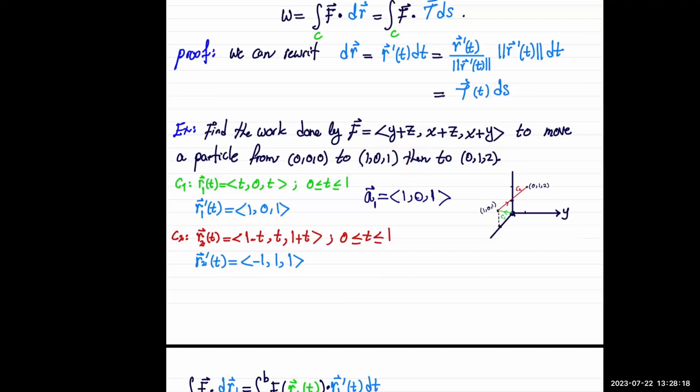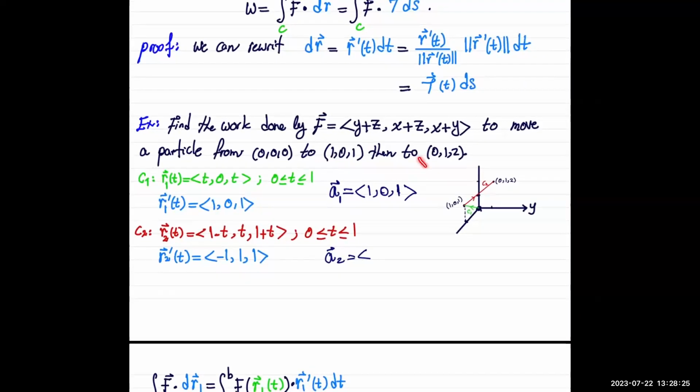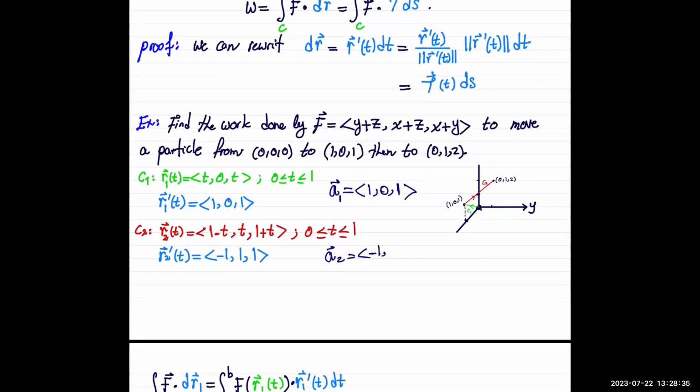Let me find the direction vector. Again, you take the coordinates of the second point minus the coordinates of the first point. So we do 0 minus 1, that'd be -1. We do 1 minus 0, that will be 1. And we do 2 minus 1, that's 1. This is the direction vector for the second path, C2.